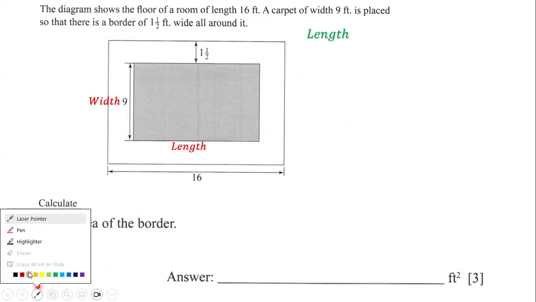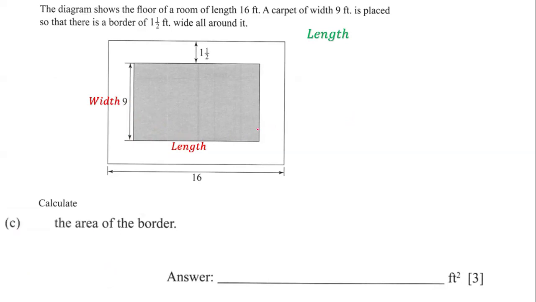Well, notice that this right here is 1.5 feet. And this right here is also 1.5 feet. And we know that because it says in the question that it has a border of 1.5 feet wide all around.